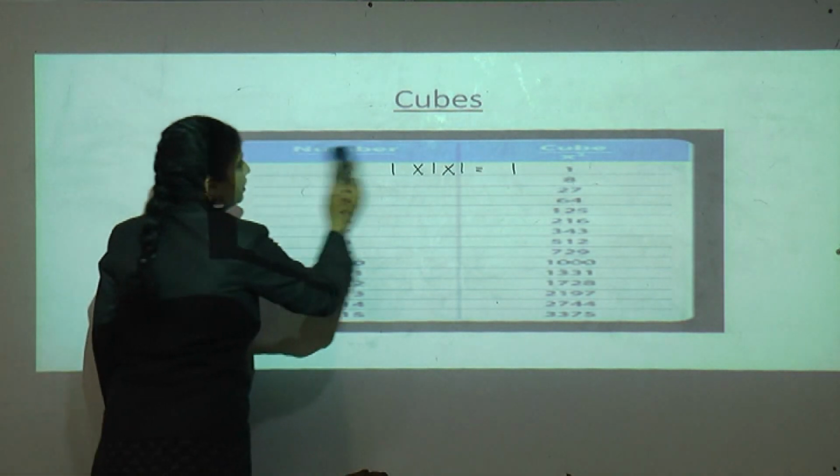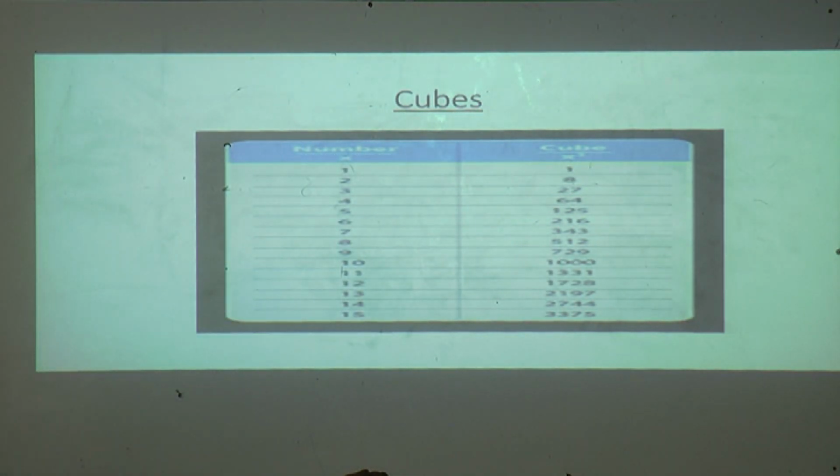Now see here, cube of 3 is 27, cube of 4 is 64, cube of 5 is 125, cube of 6 is 216, cube of 7 is 343, cube of 8 is 512, cube of 9 is 729, cube of 10 is 1000, cube of 11 is 1331, cube of 12 is 1728, cube of 13 is 2197, cube of 14 is 2744, and the last, cube of 15 is 3375.